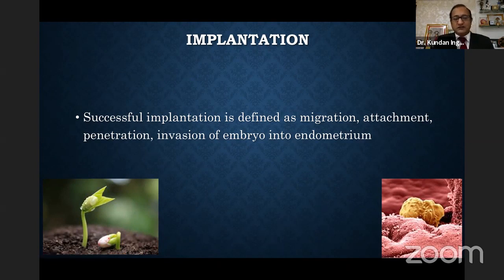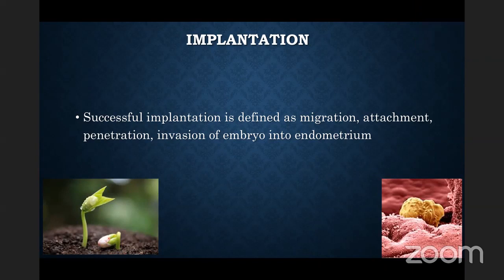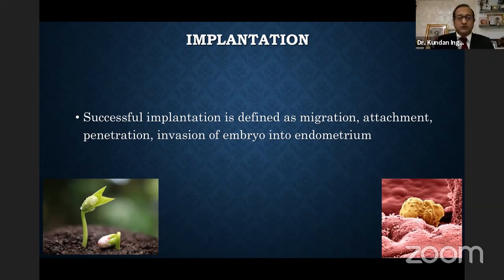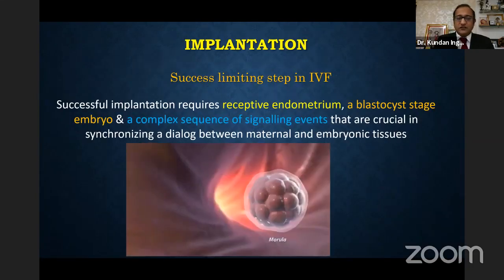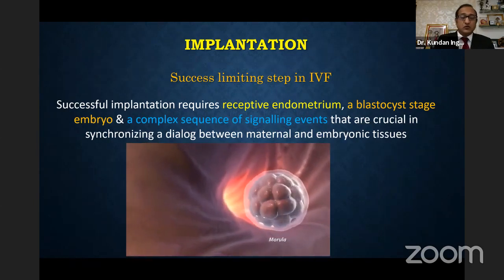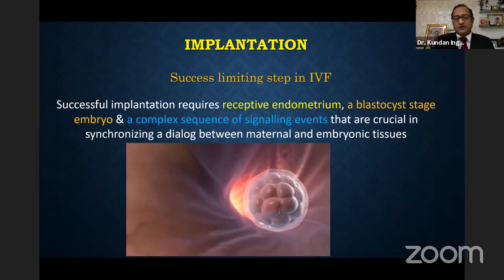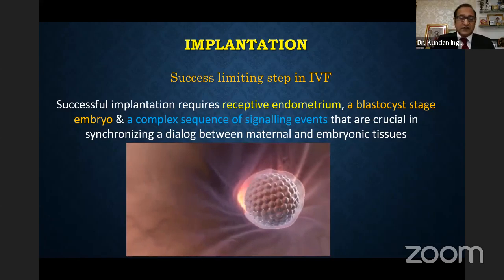Implantation is defined as migration, attachment, penetration, and invasion of the embryo into the endometrium. All these 4 processes are important, and once they happen, we get a beta HCG positive. It's a success limiting step in IVF, of course, because that is what we are waiting for on beta HCG day, to see that it has happened.